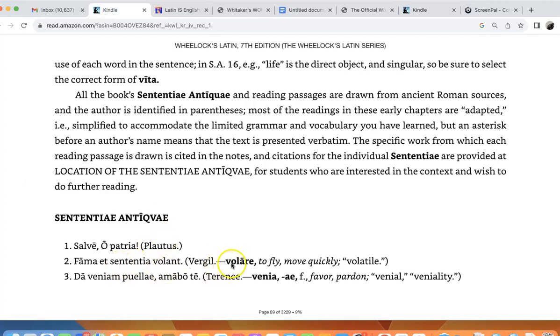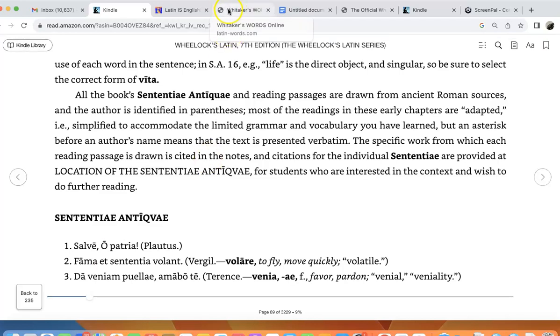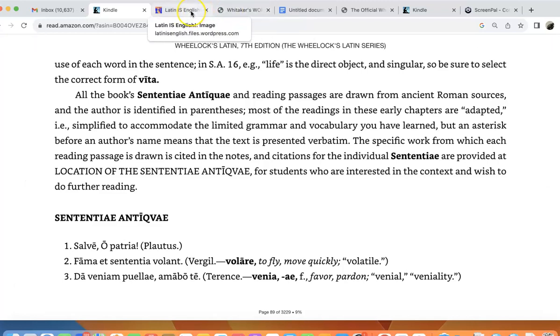So now here, it can mean fly or to move quickly. So we get the word volatile from that. So fama can mean fame, but can also mean rumor. This is one that is a little bit hard to translate because Virgil was a poet.